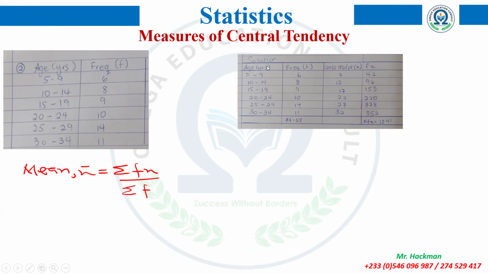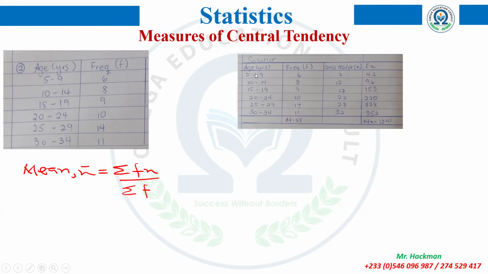So we have to get a representation for the classes in terms of X, and that will call for the class midpoint. Remember, it's the class midpoint that we represent by X, and we know how to find the class midpoint.